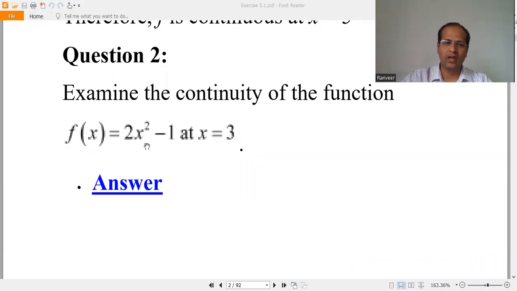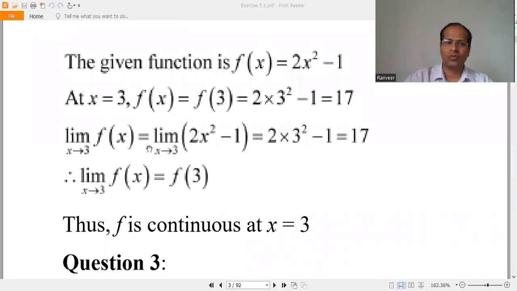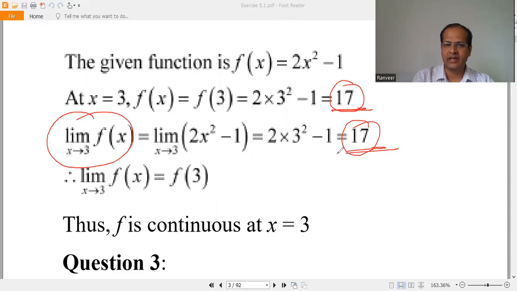This is also a polynomial function, so definitely this is also continuous. Finding it by the mathematical approach, f(3) is 17, and limit x tending to 3 of f(x) is also 17. So limit x tending to 3 of f(x) equal to f(3), so the function is continuous at x equal to 3.